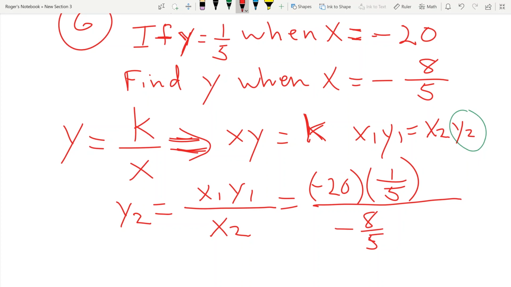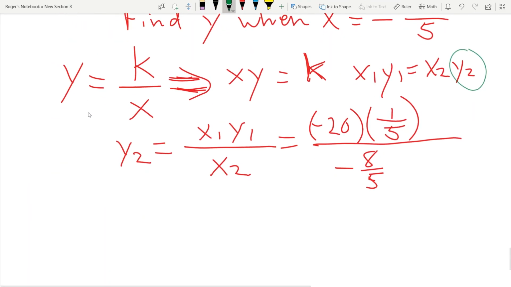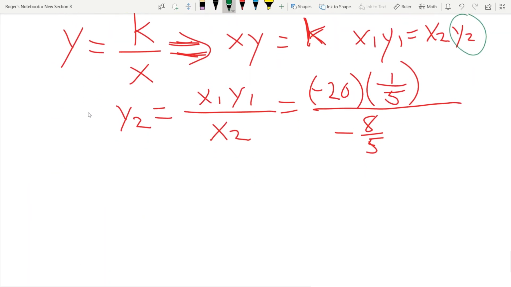How many times does 5 go into 20? It goes 4 times, doesn't it? So 1/5 of 20 is 4, but it's negative 20. So the numerator is going to be equal to negative 4.